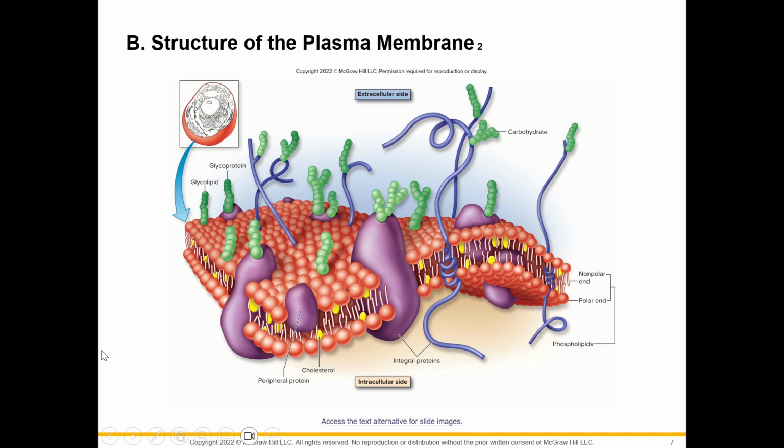And the nonpolar hydrocarbons with the wavy tails are oriented towards the center because they are hydrophobic and cannot interact with that watery environment. Proteins may completely or partially span the membrane. Carbohydrates are attached to the outer surface. And there are the cholesterol molecules that I just mentioned that are going to stabilize the cell membrane.